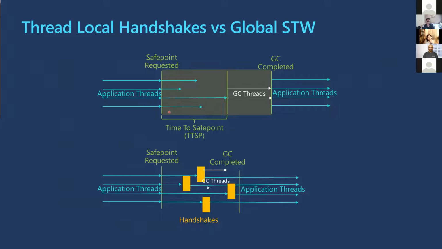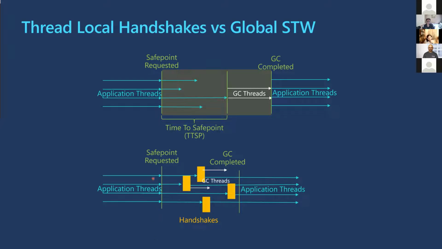All these threads take their own sweet time, and apparently this one took a long time. Unfortunately that becomes your time to safepoint, where the last, laziest thread comes to a halt. Only when the last thread comes to a halt can we start the GC work. Finally the GC is completed right there and the applications can resume work.